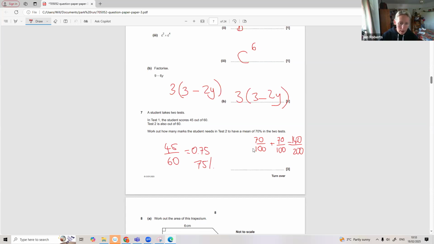They've already got 45 marks, 75%, because we've scaled it to 100. 140 take away 75 is 65. So they want 65% in the other exam.